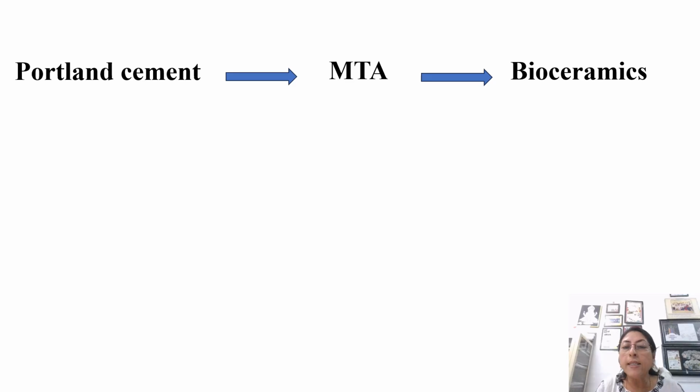Up to the 1970s, what we now call bioceramic materials were bio-inert, like alumina. But the use expanded to being bioactive, like hydroxyapatite, which is calcium phosphate that mimics the mineral composition of bone.